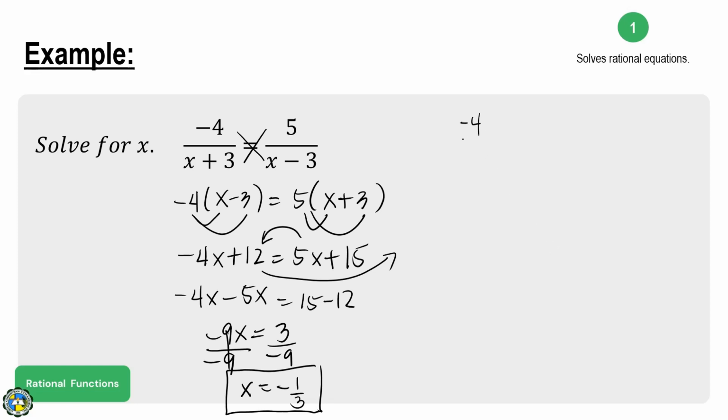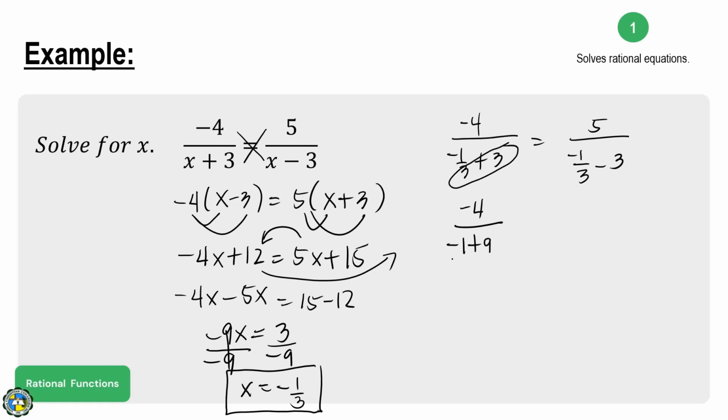So we have negative 4 all over negative 1/3 plus 3 equals 5 all over negative 1/3 minus 3. So, let's solve the denominators first using the butterfly method. This will be negative 1 plus 9 all over 3 equals 5 all over negative 1 minus 9 all over 3.